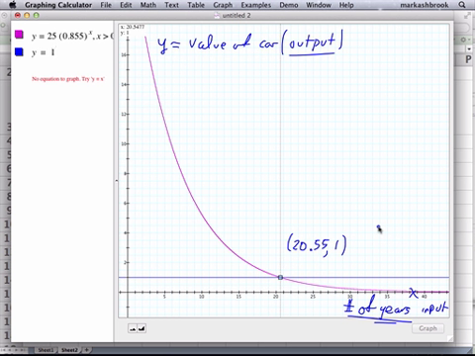What does that ordered pair mean? Tell the person next to you. Go. So, volunteer, what does it mean?